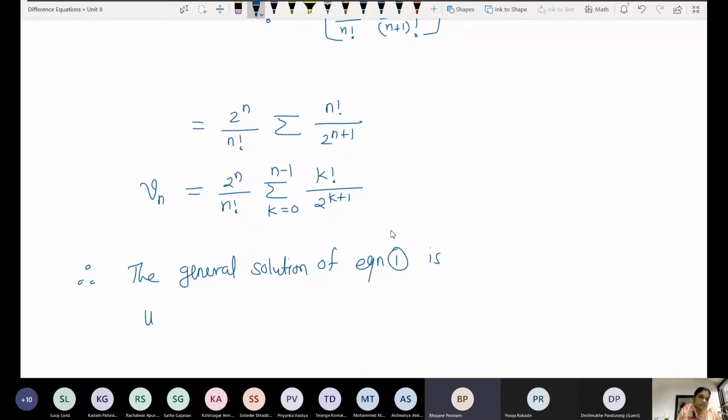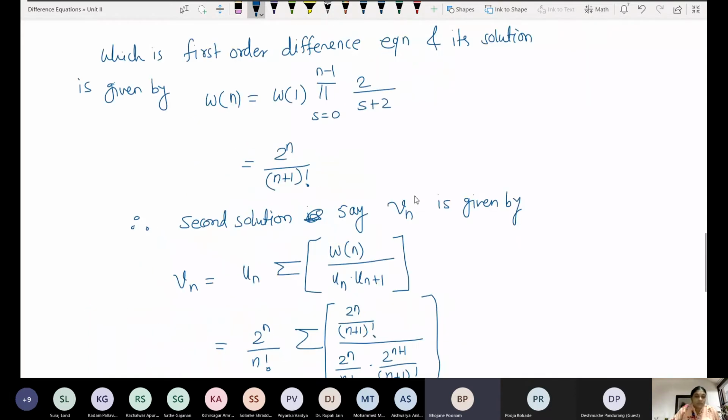Un is equal to c1 times un, c1 times the first solution, plus c2 times vn. Here you can say un times the first solution, so whatever may be, what is that? 2 raised to n upon n factorial.